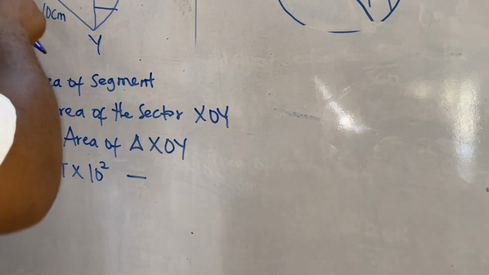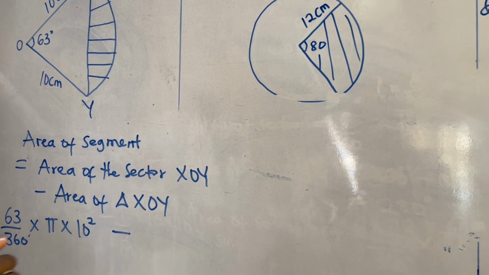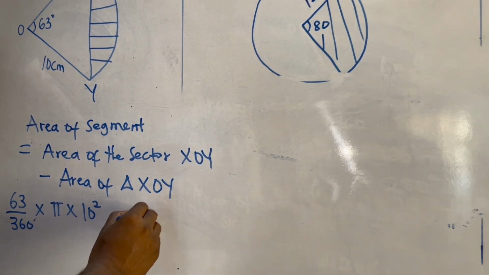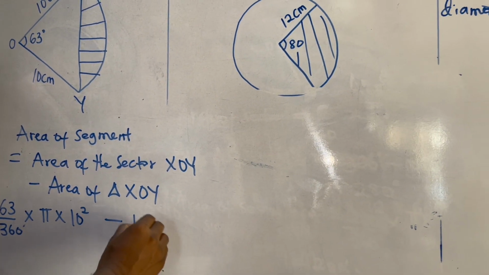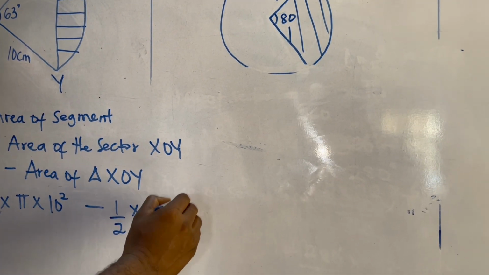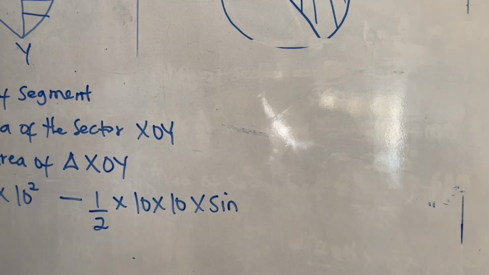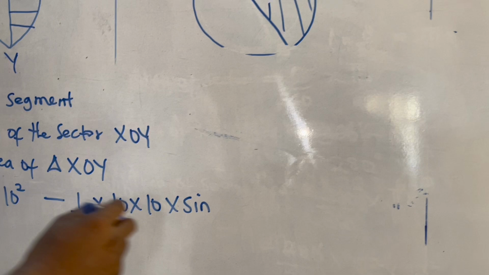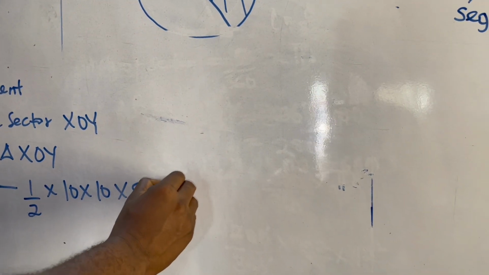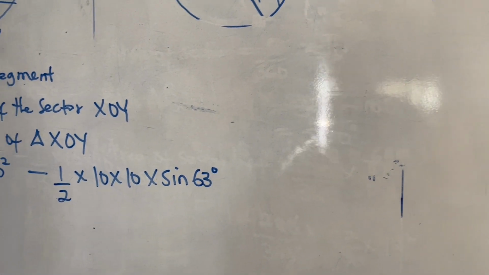Now in this case, since the triangle does not have the height, we are going to use a different formula. We have 1 over 2 times 10 times 10 times sine of the angle. Sine of the angle is 63 degrees.